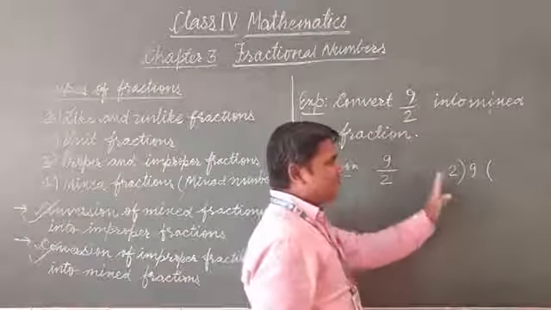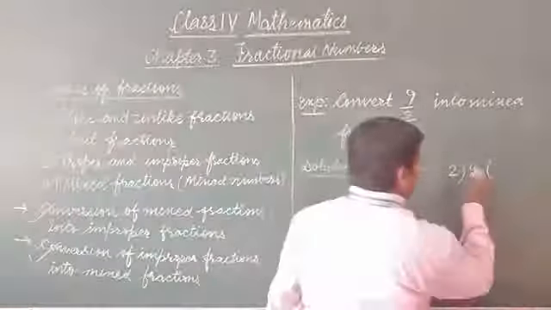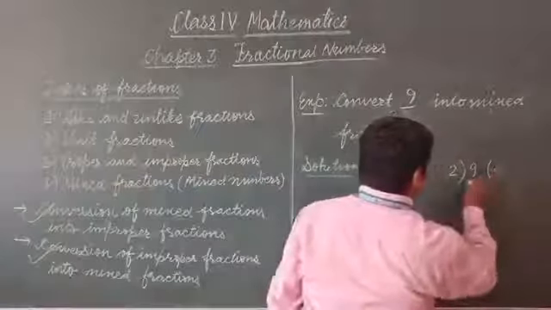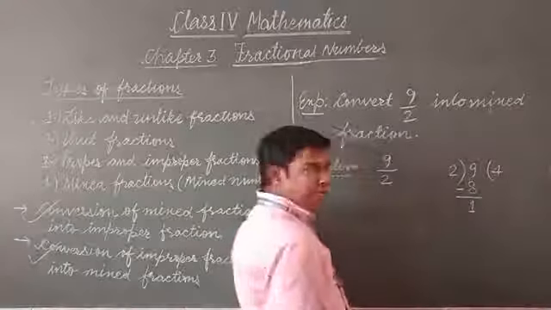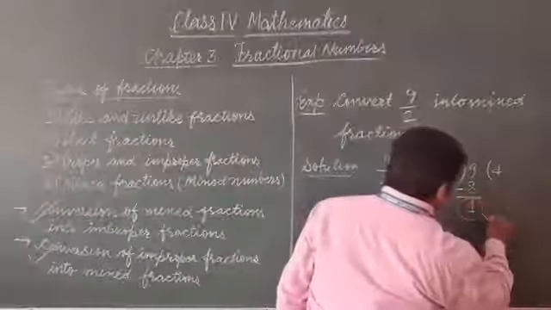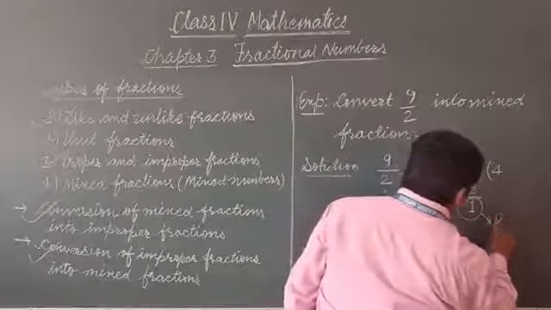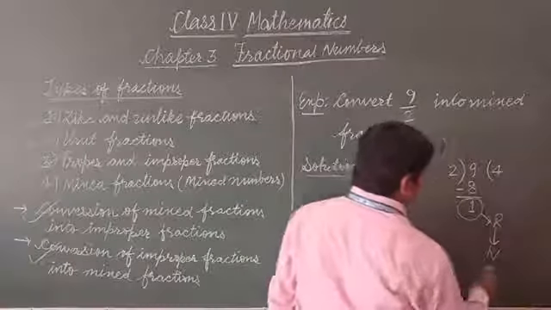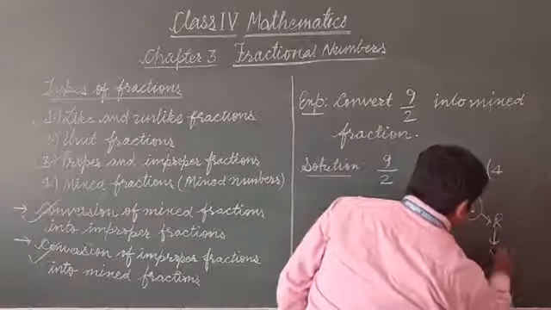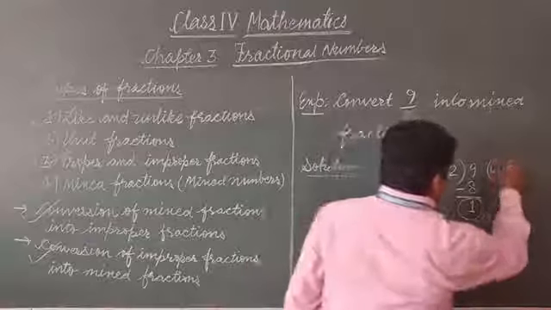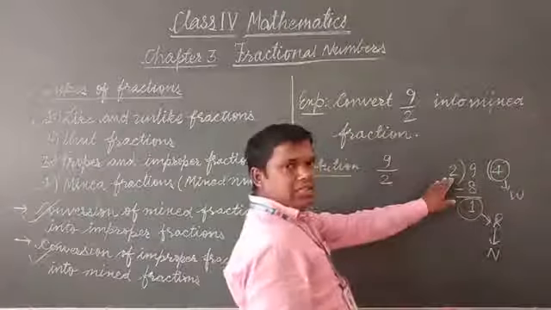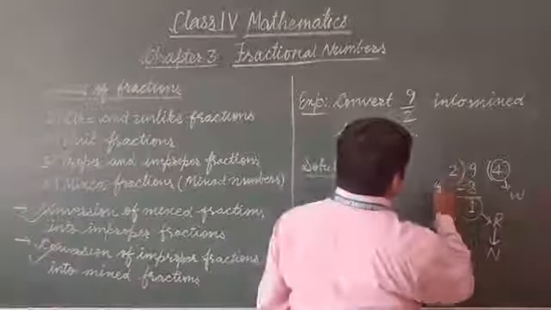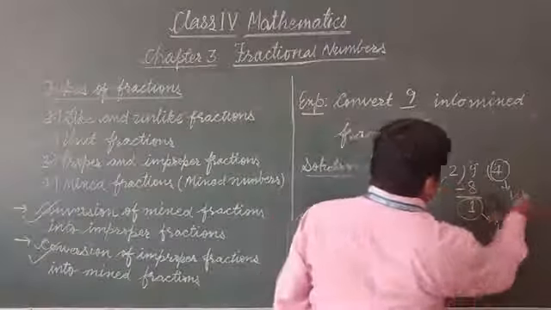You will read the table of 2 to reach up to 9. So 2 fours are 8. You will subtract, and here is the remainder. The remainder will become the numerator. This is the quotient; it will become the whole part, and the divisor will be the denominator.